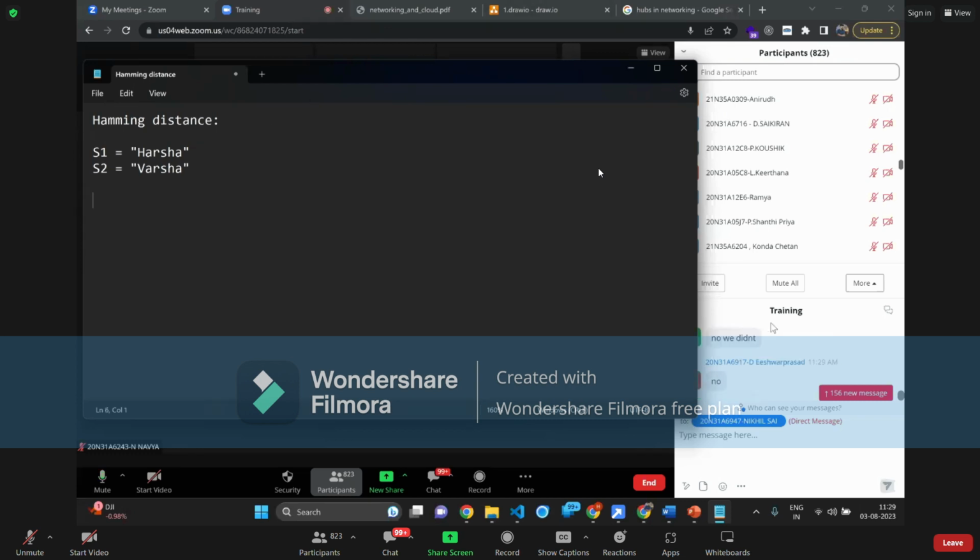See, on a generic level, as soon as you see it, what is the difference between S1 and S2? V and H, right? Good. So what Hamming distance means is how different S2 is from S1. The only difference is a single character, V and H, so your Hamming distance becomes 1.